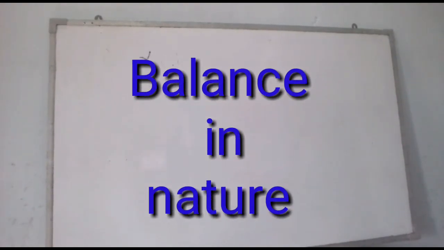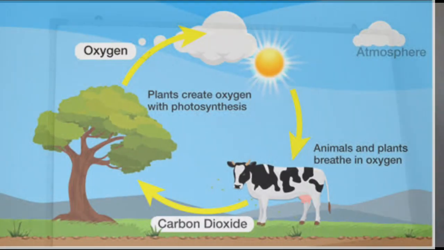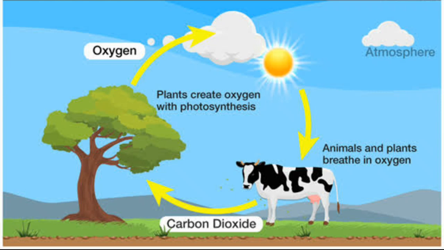Now, how do we keep the balance in nature? What would happen if this balance is not proper? There is an optimum balance in nature between the number of plants and animals. We know that plants and animals are interdependent for survival.